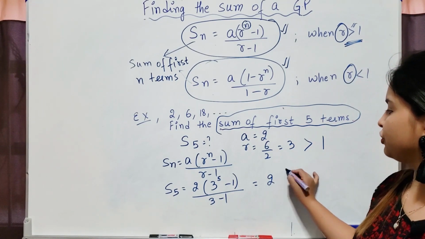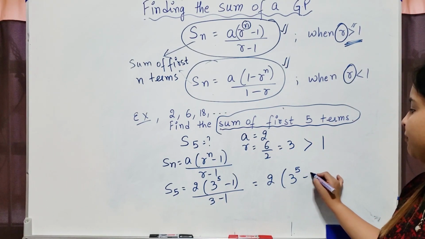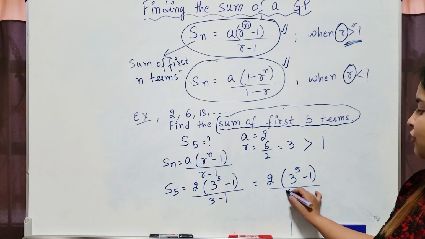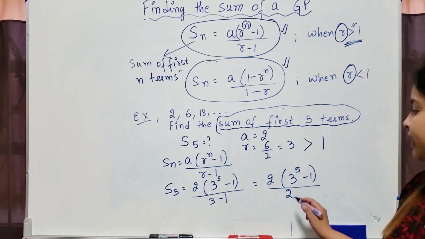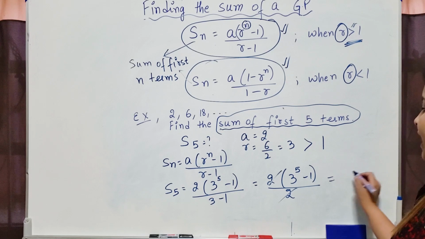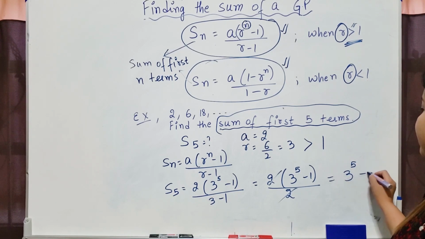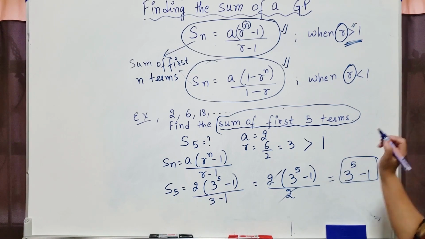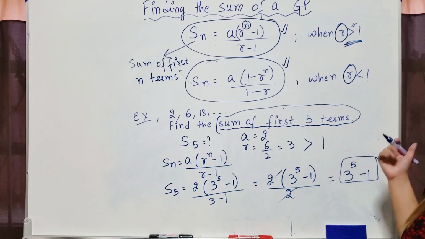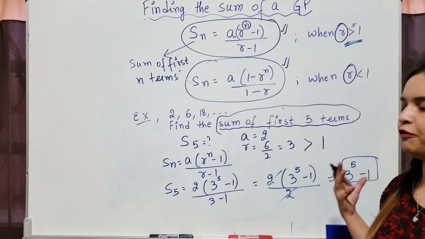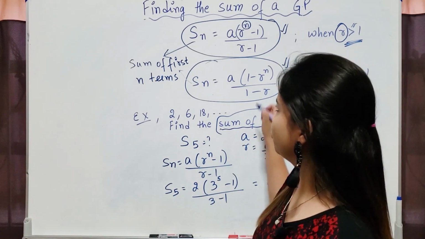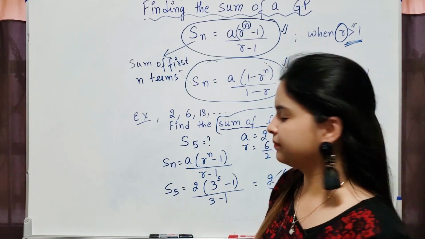This will be 2 times (3 raised to power 5 minus 1), over 3 minus 1, which is 2. You can cancel this 2 and your answer is 3 raised to power 5 minus 1. So like this, you can find the sum of any given terms using the sum formula.